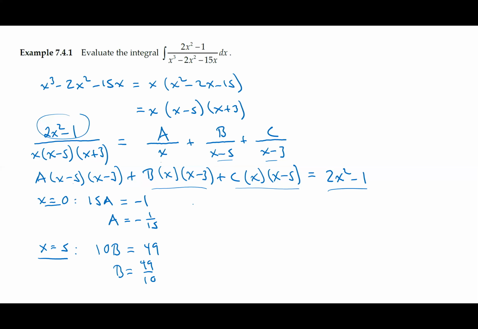And then while I'm at it, let's find C. And I can do that by letting x equal negative 3. So negative 3 times negative 8, so 24C equals, and then over here, 18 minus 1 is 17. So C is 17/24.